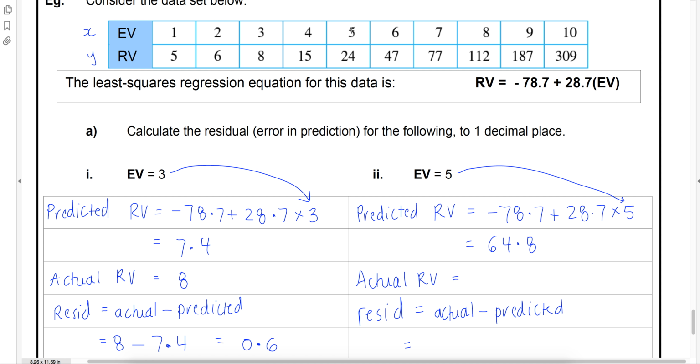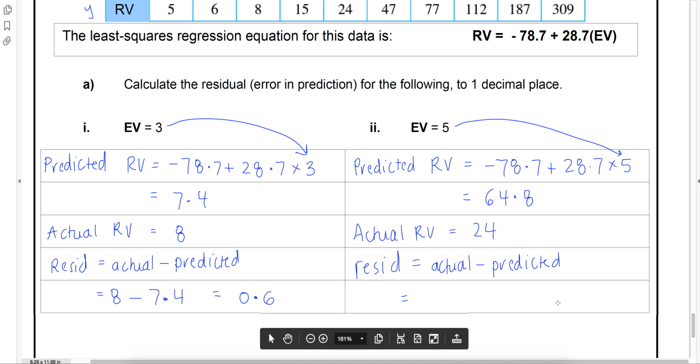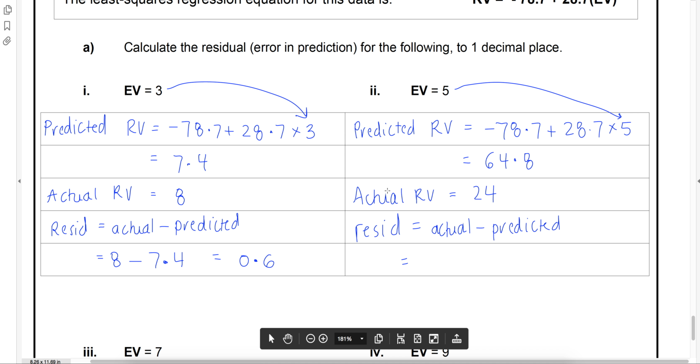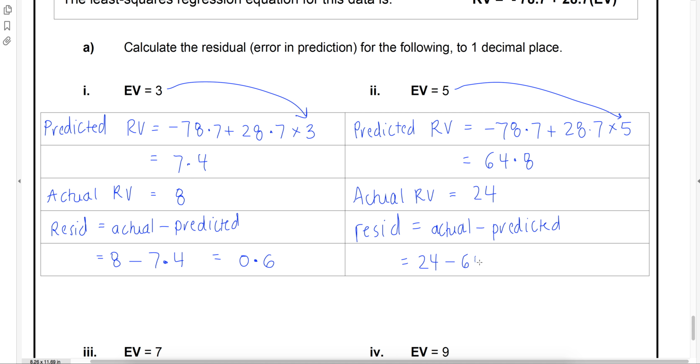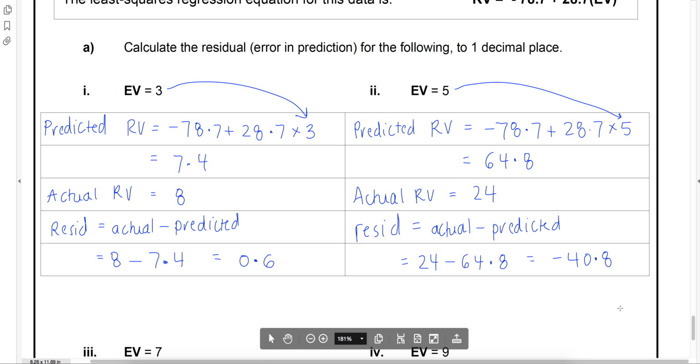Go to EV of 5, actual value was 24. So actual value 24, predicted 64.8. Into your calculator, and we get negative 40.8. Again, that's to one decimal place.